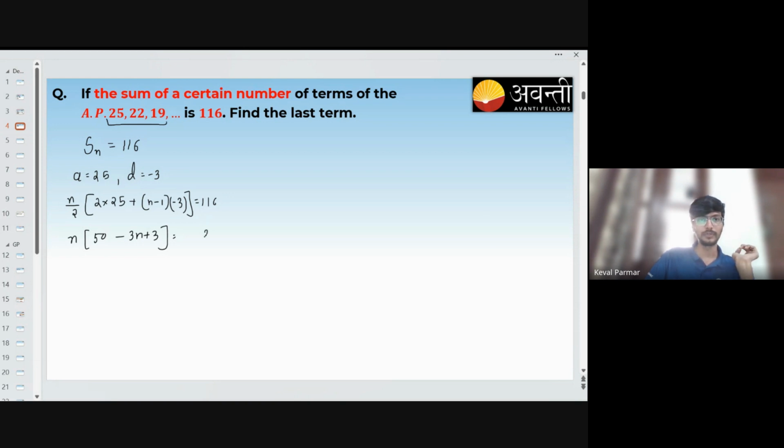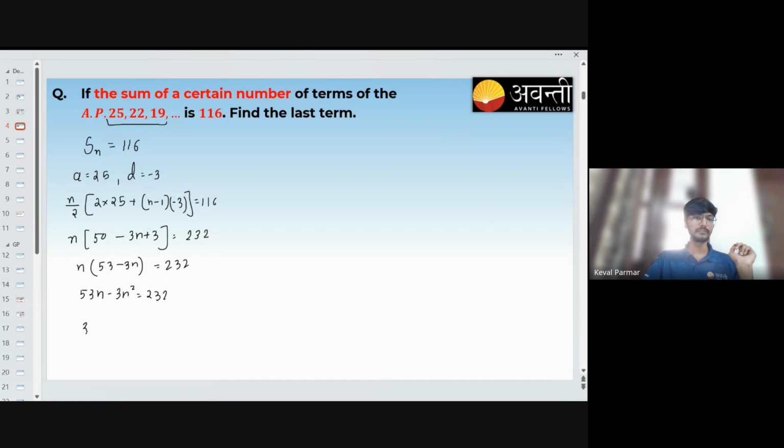So I'll get 232. So that means, this is correct, minus 3n plus 3. So this means 50 plus 3, 53. So n into 53 minus 3n is equal to 232. So 53n minus 3n square is equal to 232.